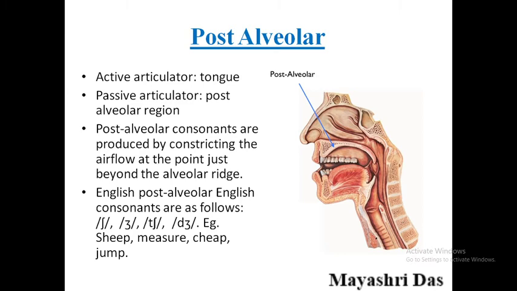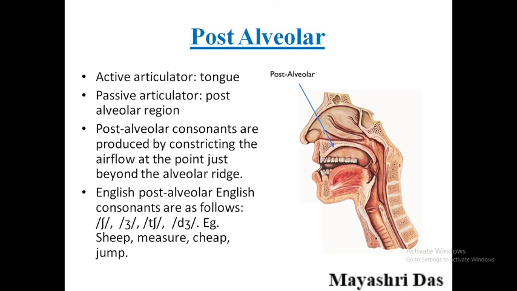So the region is just between the alveolar region, that is the back of the upper teeth, and the hard palate of the human oral cavity. Here the active articulator is the tongue, where the tongue is used to constrict the airflow by moving towards the back of the alveolar region.